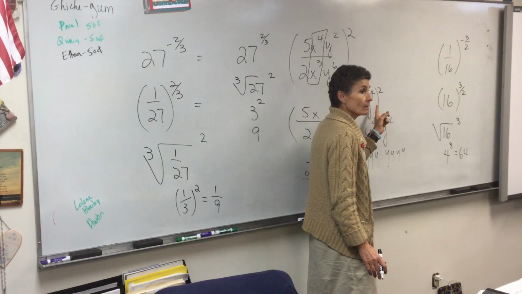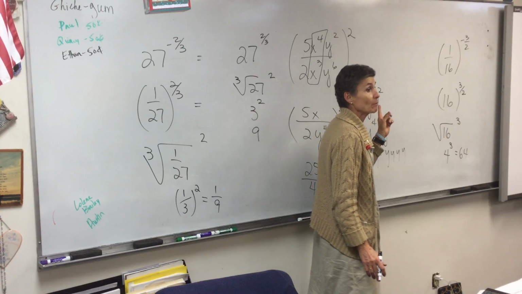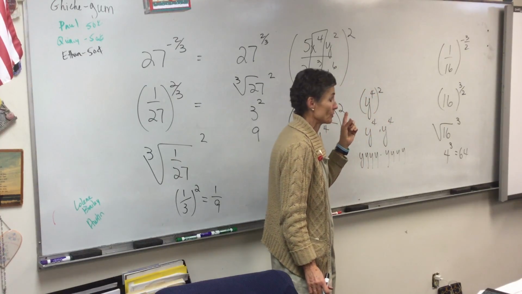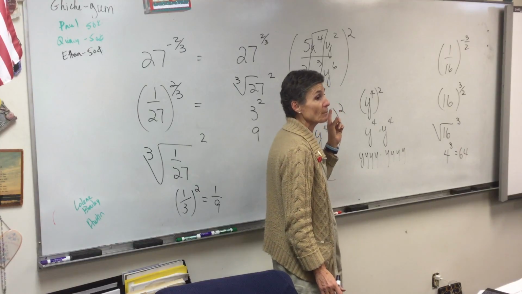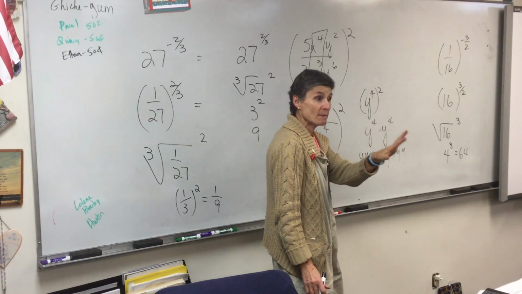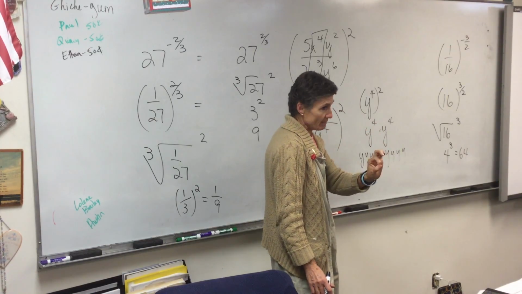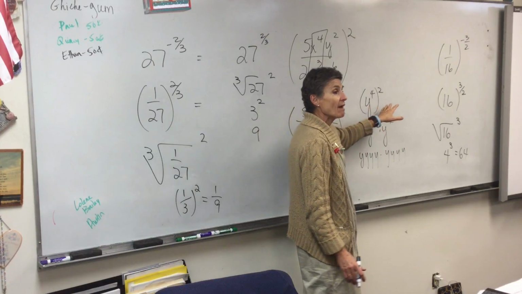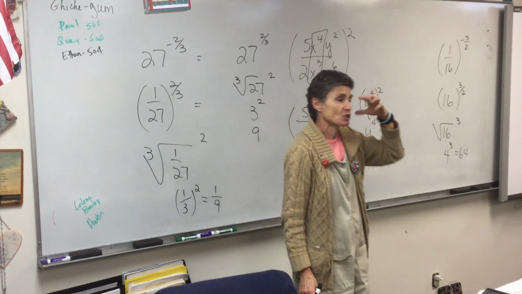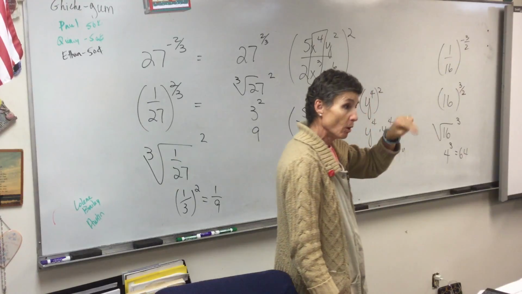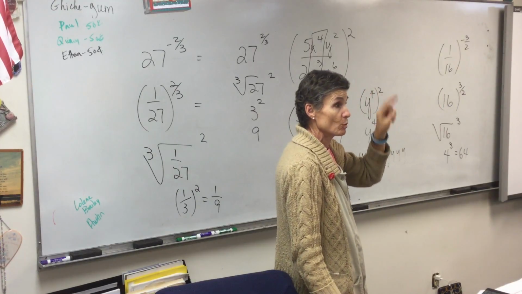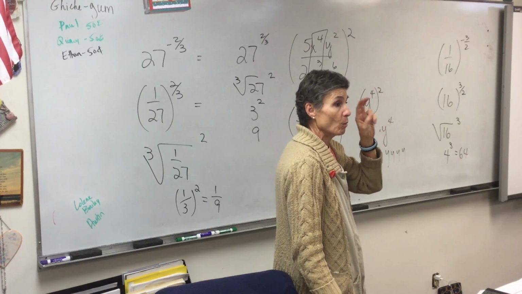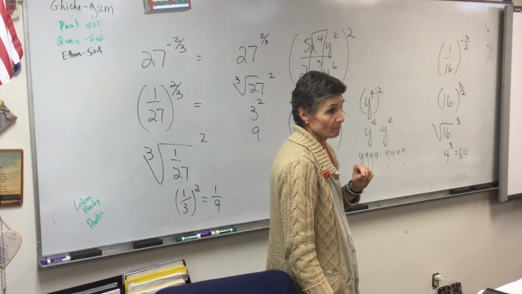You didn't learn that last year, because that would be wrong. I absolutely promise you that's not what you learned. That may be what you did, but it wasn't right, okay? We never square exponents. We multiply them, we add them, we subtract them, but we never square them.